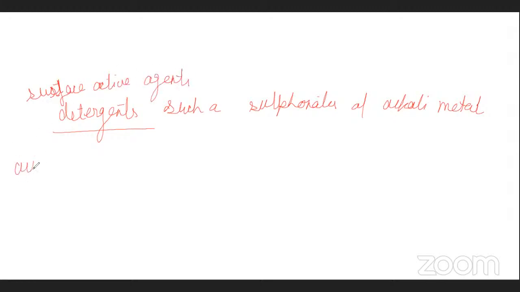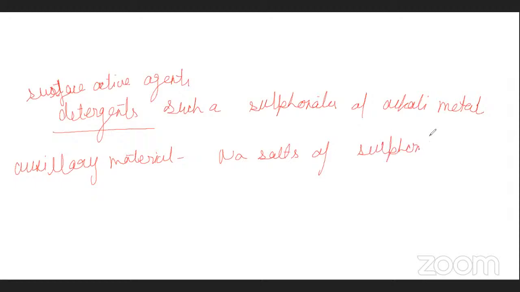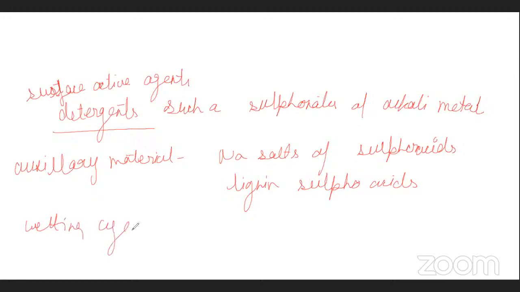Then we have auxiliary materials, and this includes the sodium salts of sulfur acids and lignin sulfur acids. And at last, the wetting agents also increase the retention of the chemicals.